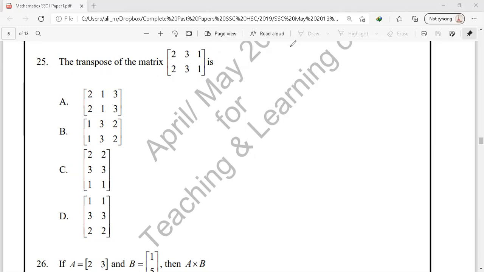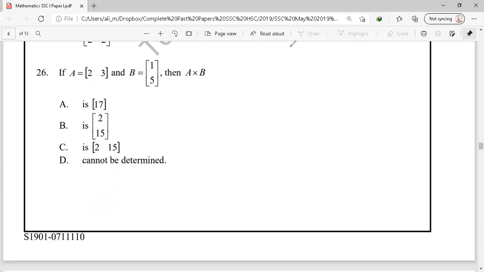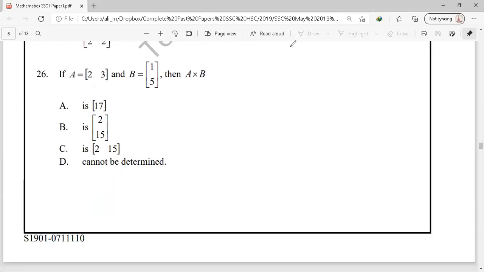So let's move to question number 26. In question number 26, we have to find the product of these two matrices. This matrix A is of order 1 by 2, and this is of order 2 by 1. As we can see, the number of columns in the first matrix is equal to the number of rows in the second matrix, so we can take the product, and the answer will be of order 1 by 1.